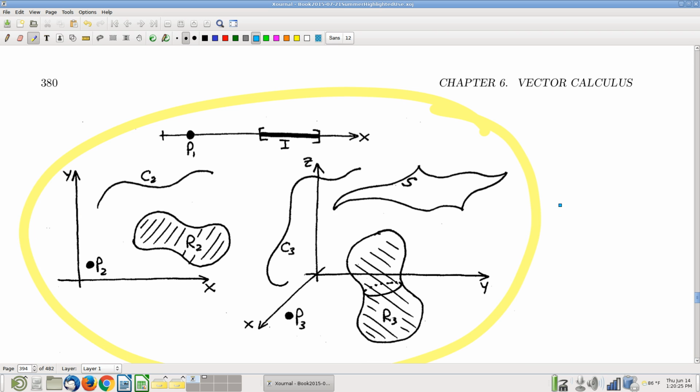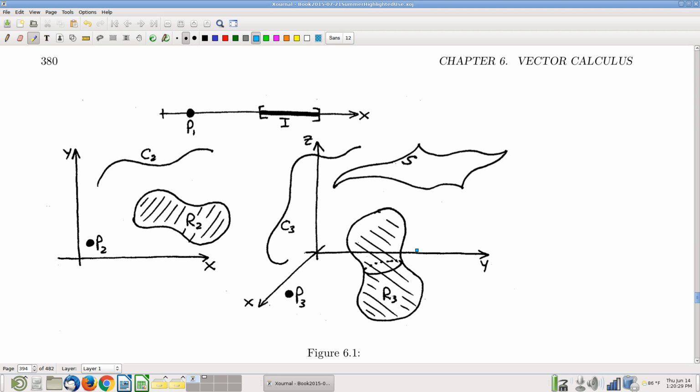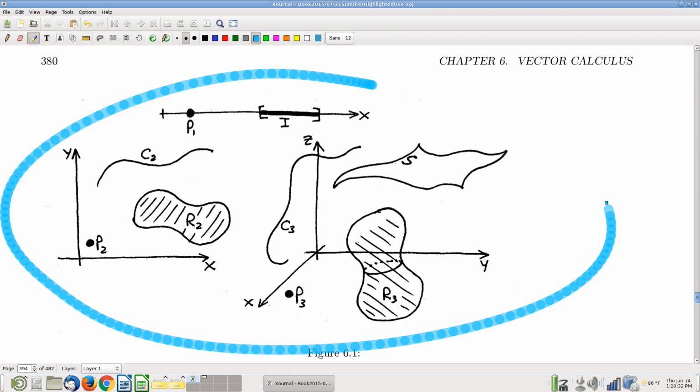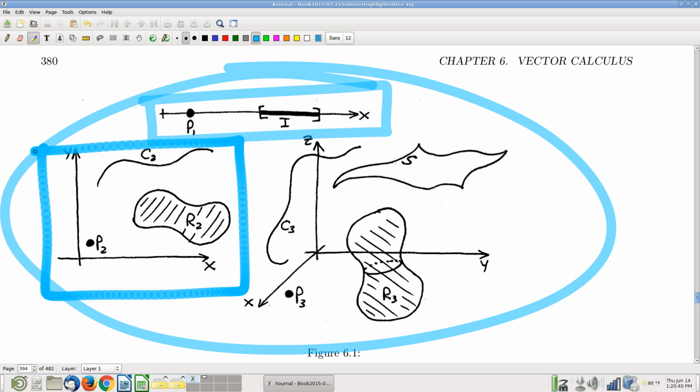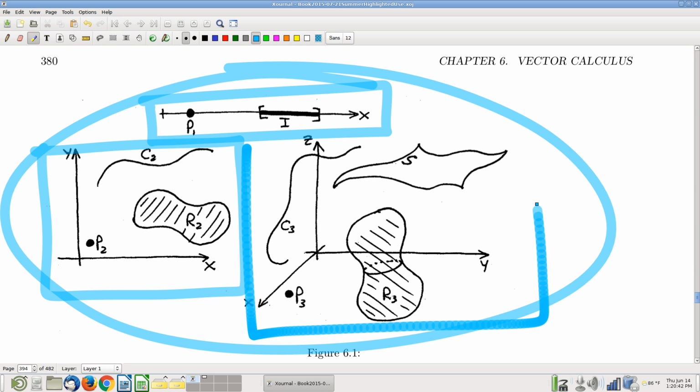All right. So here's the first hand-wavy assertion that I'm going to make. Here's a bunch of objects that we're going to consider in chapter 6. You'll notice that there are 3 different contexts here: R1, R2, and R3. In R1 we're going to talk about intervals and points.